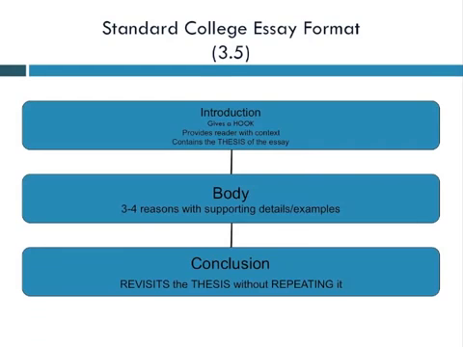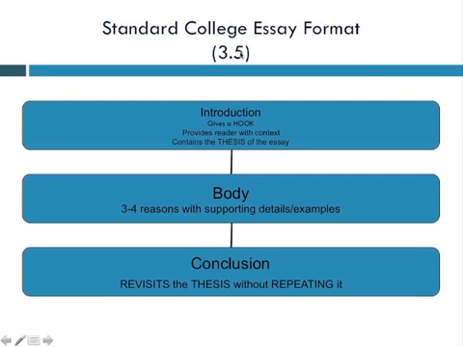Now, in talking more about the format, we're starting to look at how we actually structure an essay. We've been talking a lot about preparing for the essay. Now we're getting a little more into the actual writing of the essay. First off, what you see here is what we call a standard college essay format. Oftentimes it's referred to as a 3.5 essay.